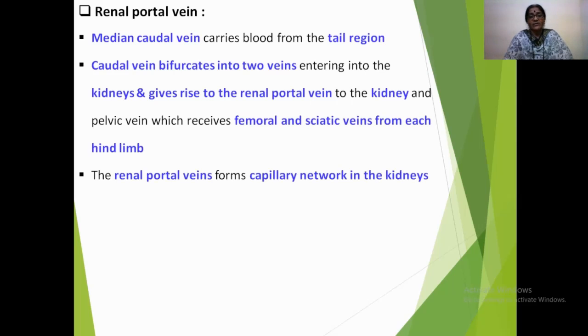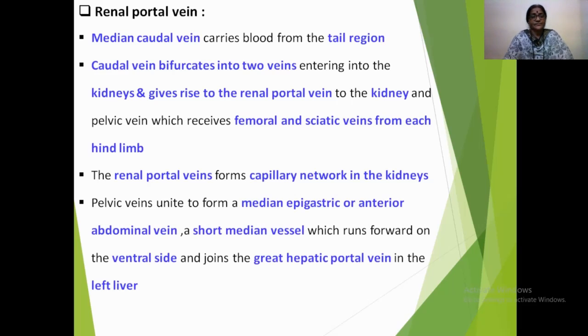The renal portal vein forms a capillary network in its respective kidney for exchanging the materials. The pelvic veins unite to form a median epigastric or anterior abdominal vein which runs anteriorly, a short median vessel which runs forward on the ventral side and joins with the great hepatic portal vein in the left liver lobe.